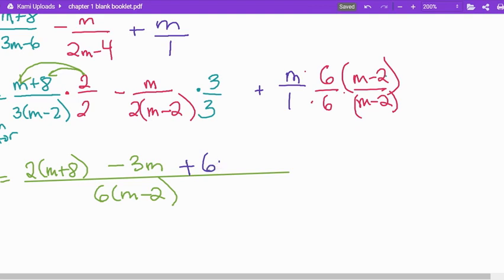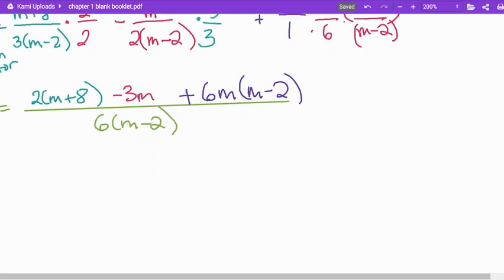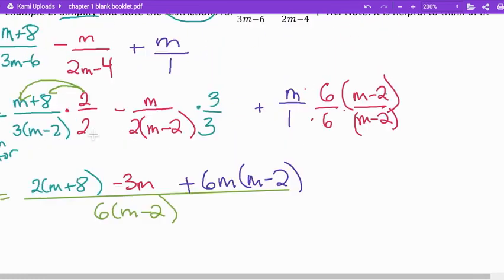Plus 6m(m minus 2). Are we good? And now it's like, oh, this is stuff from before, right? Now we know what we're doing from this point on. It's really, I would say, this is the big step, right? That's the new step for today.